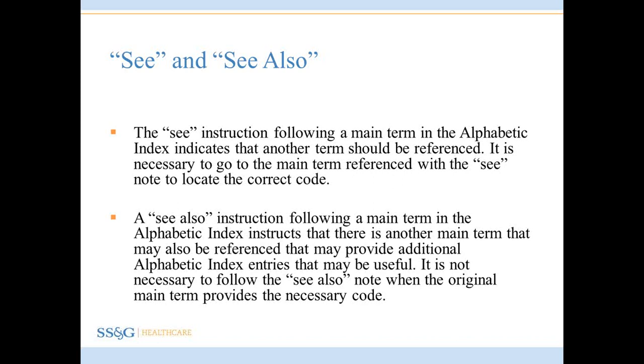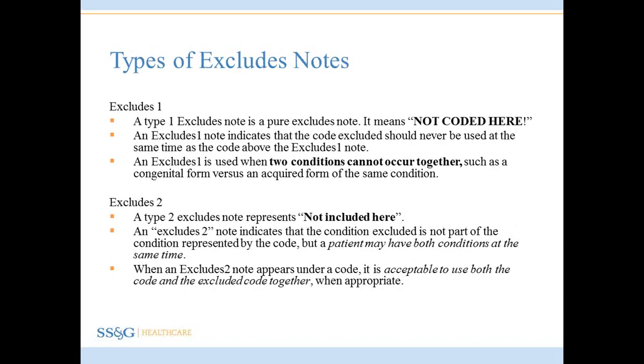A "see also" instruction following a main term in the alphabetic index instructs that there is another main term that may also be referenced that may provide additional alphabetic index entries that may be useful. It is not necessary to follow the "see also" note when the original main term provides the necessary code. So when you're sure, you don't always have to go off in another direction to "see also."